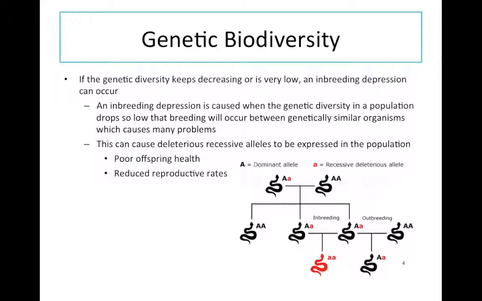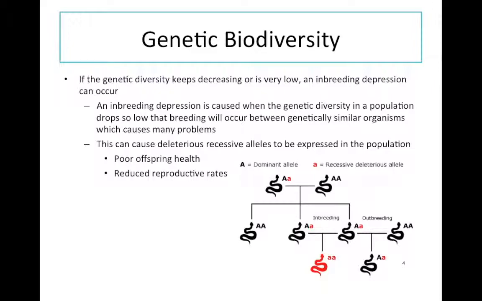It starts off with two different snakes interbreeding, one with a recessive deleterious allele and the dominant allele. Now it's not a problem if it's recessive, you need to have two recessive genes for it to be expressed. This doesn't occur until inbreeding happens. As soon as inbreeding happens, the two recessive alleles are able to be expressed, and you have a deleterious member of the population.